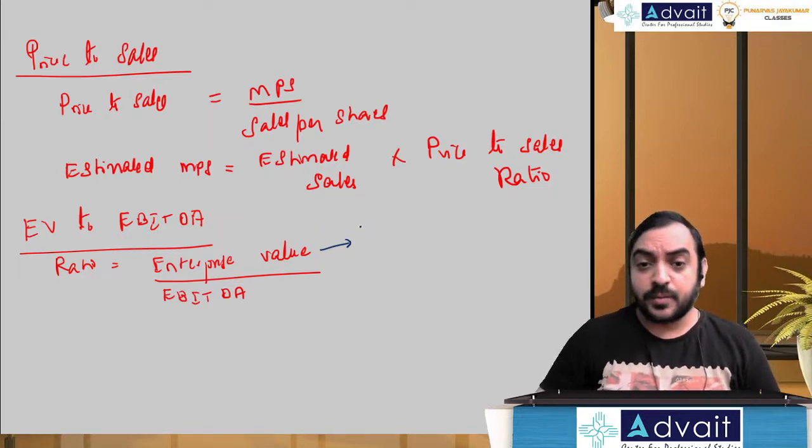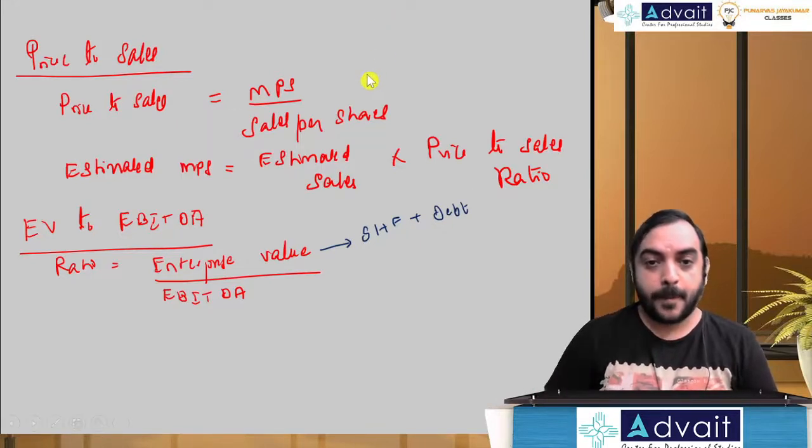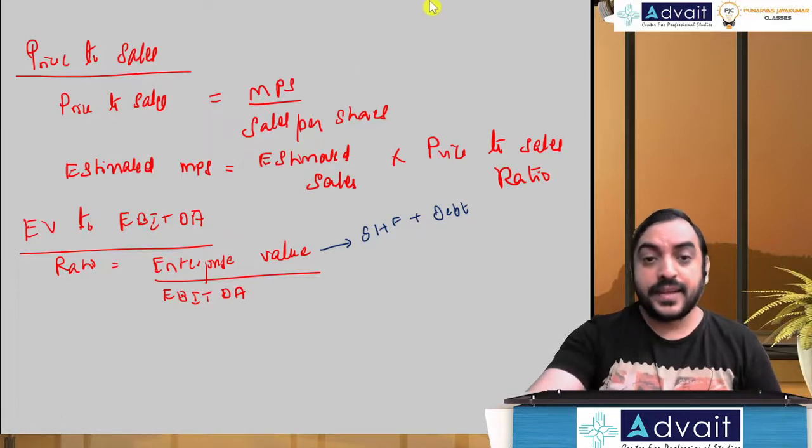It is calculated by, you can say, shareholders' funds plus long term loans. Basically, you can say capital employed, or you can say debt. I'll say shareholders' funds plus debts minus cash.